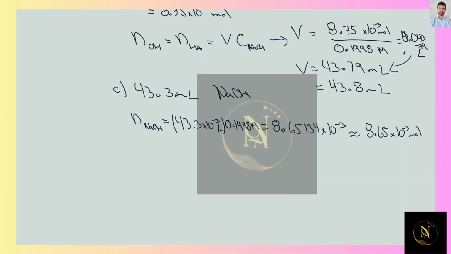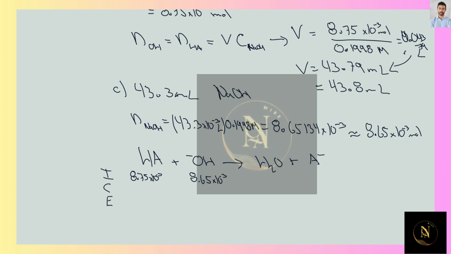Okay, so now we can proceed with our ICE table. HA plus OH minus, producing water plus A minus. We initially are going to have 8.75 times 10 to the minus 3. We are going to add 8.65 times 10 to the minus 3.